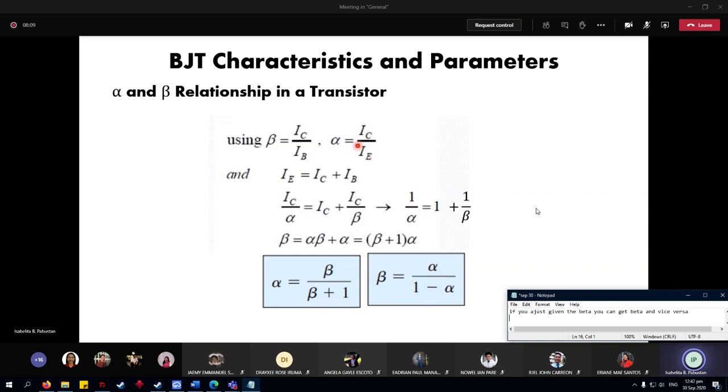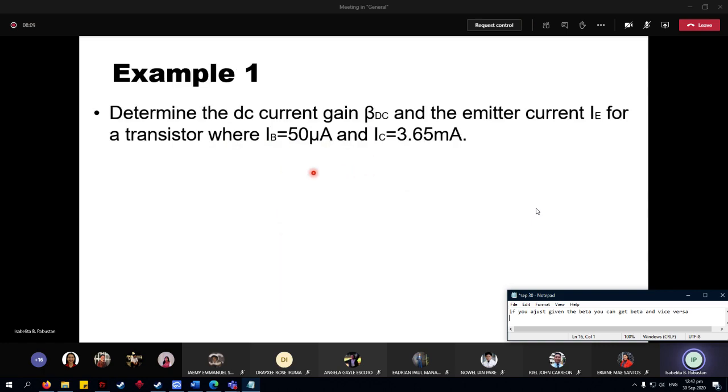If IC is the numerator, how would this be approximately equal to 1? Your denominator surely will be IE. It is impossible for it to be IB.